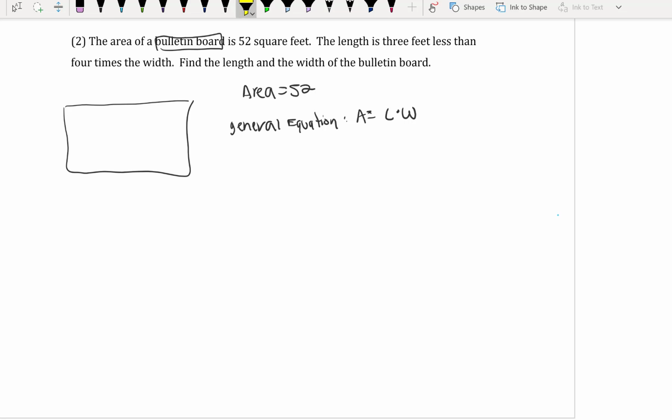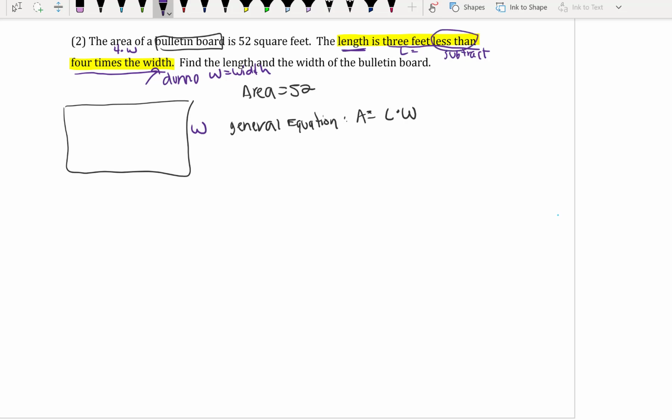Now, it specifically says the length is 3 feet less than 4 times the width. So we don't know what the width is. That's the unknown. So here we're going to have W is equal to the width. So here is my W. That's going to be my width. Now we know that the length is 3 feet less than 4 times the width. So 4 times the width would be 4 times W. And 3 feet less than, well, less than is to subtract.